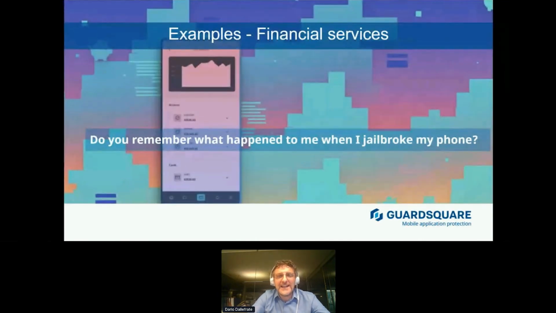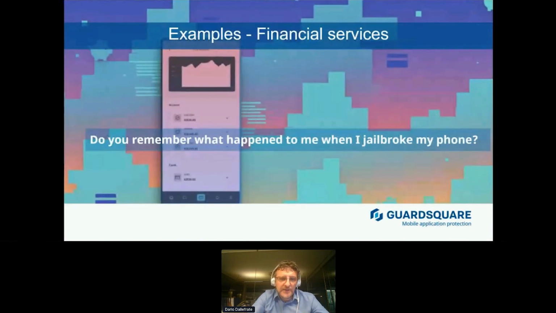The reason was that real-time runtime application self-protection was in place, detecting that I was running the app in an insecure environment, a jailbroken device. A jailbroken device or a rooted phone is insecure because it's easier for bad actors to install tools to tamper with the app.